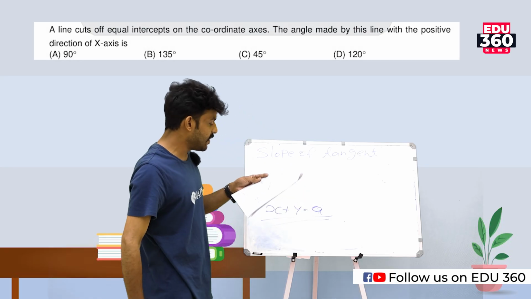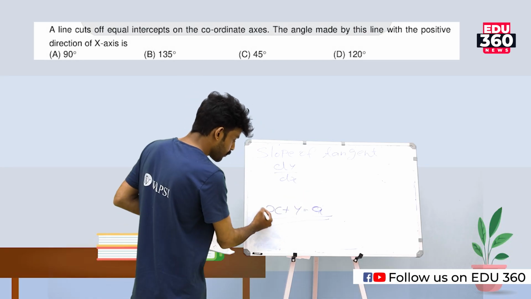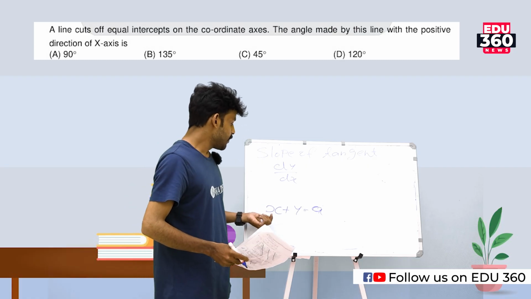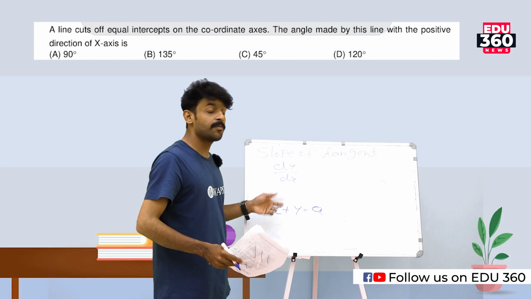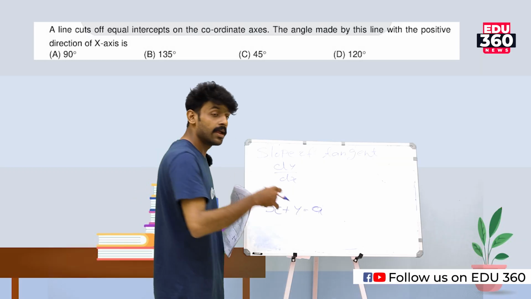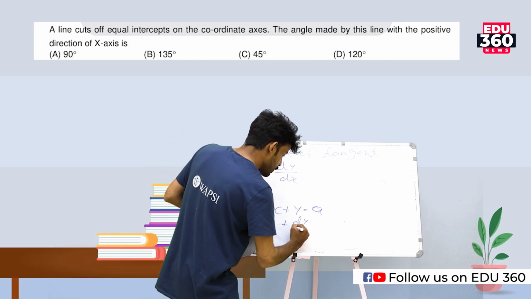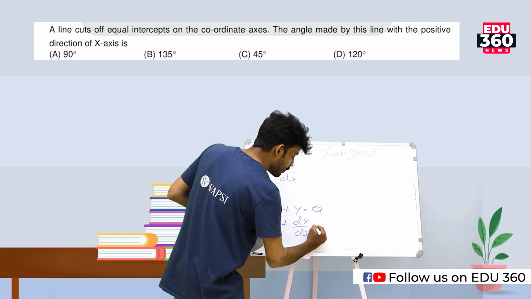Here, we can find the derivative of this with respect to x. So dx by dx, the value is 1, and here dy by dx, and this is a constant, so it will become 0.